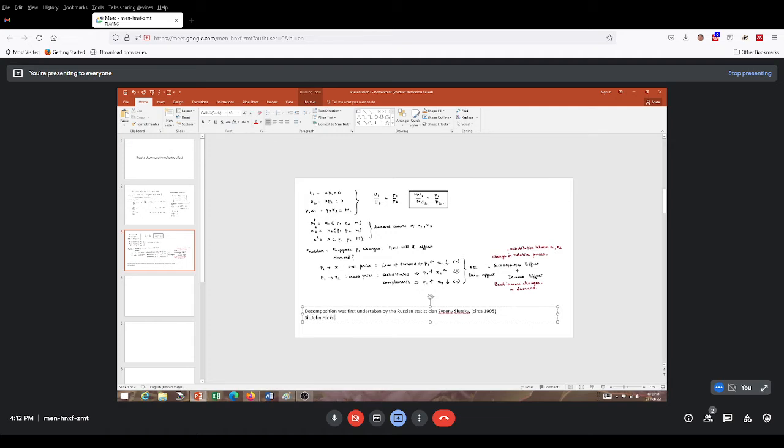When Hicks derived the decomposition, he used a different definition of the income effect.